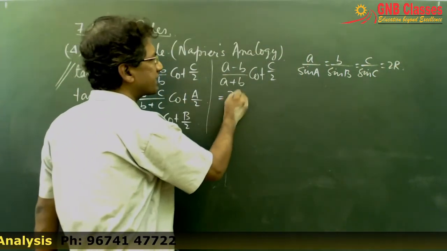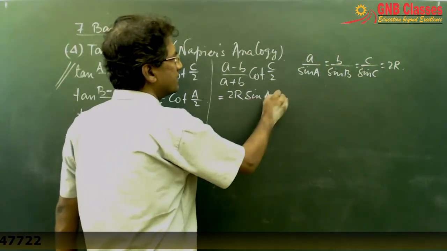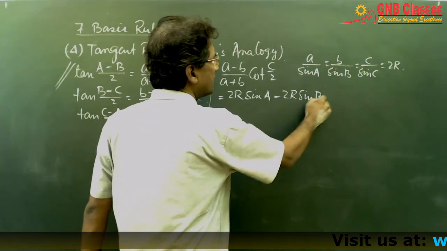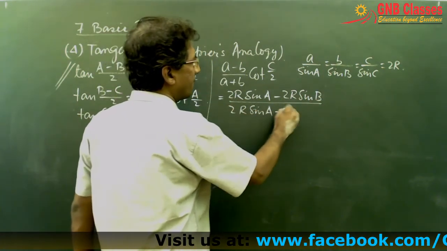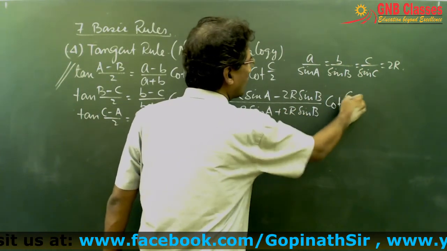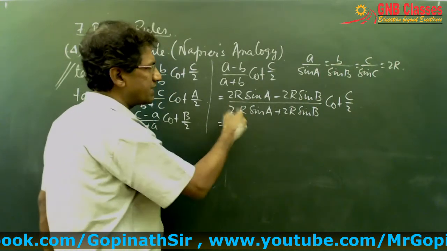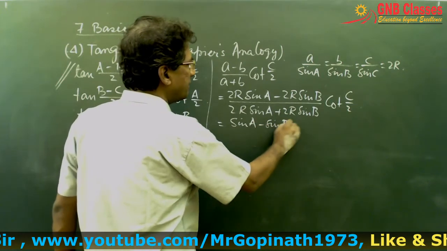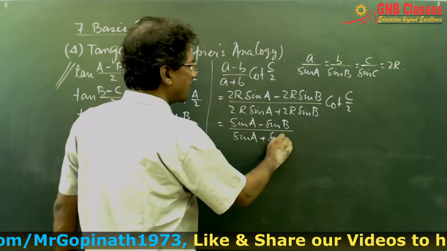Therefore, A can be replaced by 2R sine A, B can be replaced by 2R sine B, and this is again cot C/2. So now 2R will get cancelled from numerator and denominator. So we are left with (sine A minus sine B) divided by (sine A plus sine B).